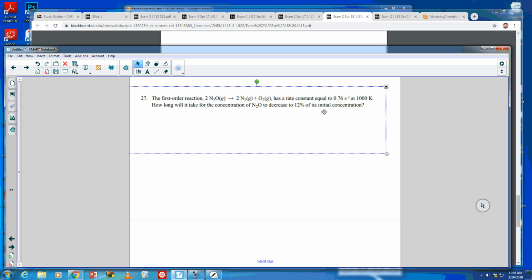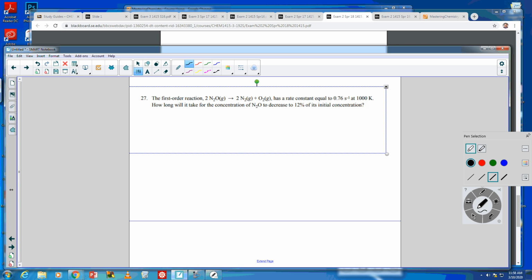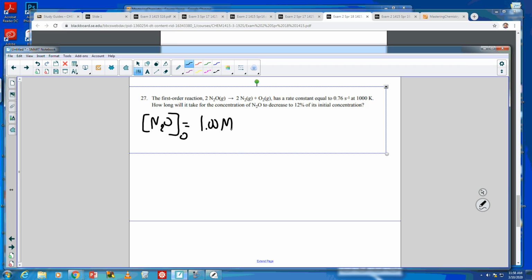Okay, so what I want to know is the time it would take to make that change in concentration. So how long would it take to go from the initial concentration of the reactant, at 1 molar, to a concentration of 0.88 molar at a time x? This is the time we're wanting to solve for, time x.